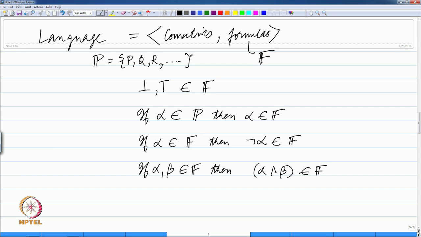So, for every binary connective that we have in our language, we can take up two formulas and connect them using that binary connective and produce a new formula. So, in this way, the set of formulas is constructed.